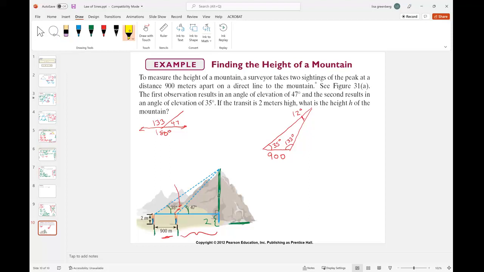What I really need is this side, because I know the number of degrees here, and I know that this is 90 degrees. So I already know what this is, right? So 90 and 137 gives this as 43 degrees. So if I find that line that I've highlighted, which is the same as this, I have really everything I need to find the height.